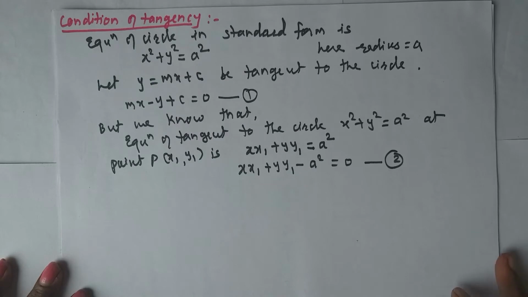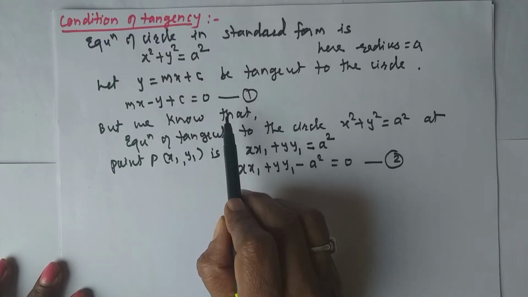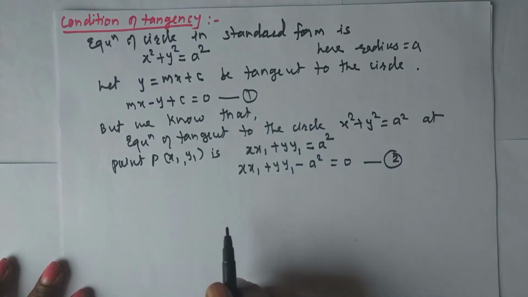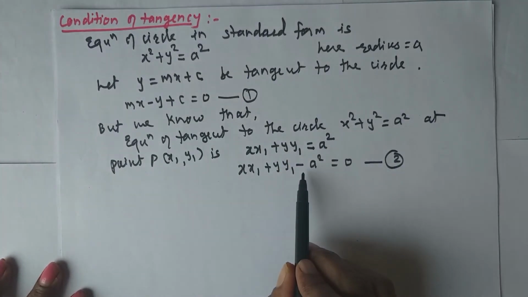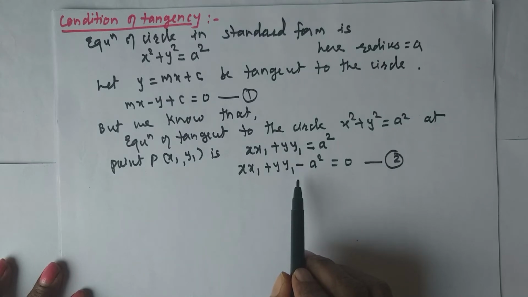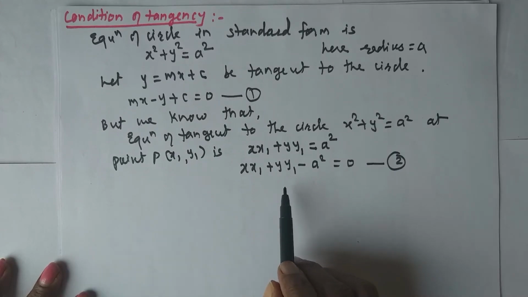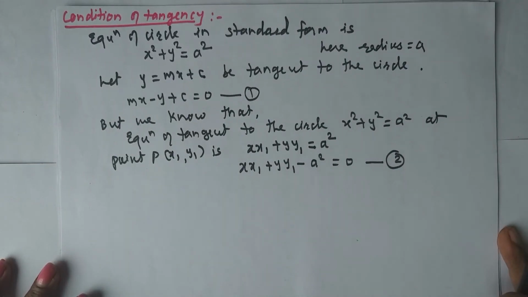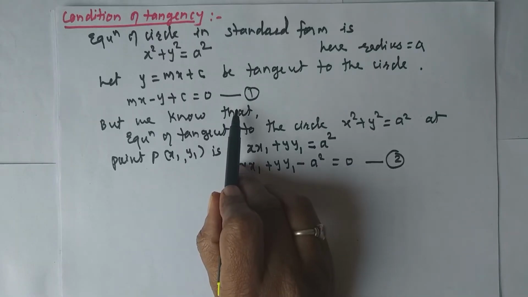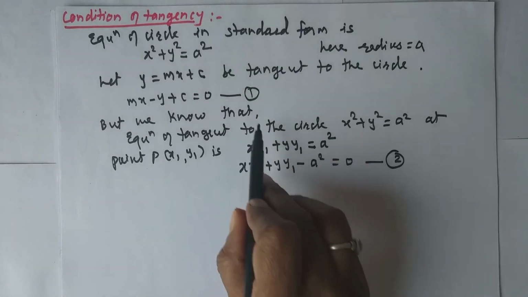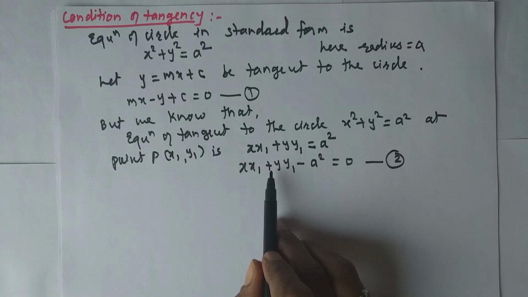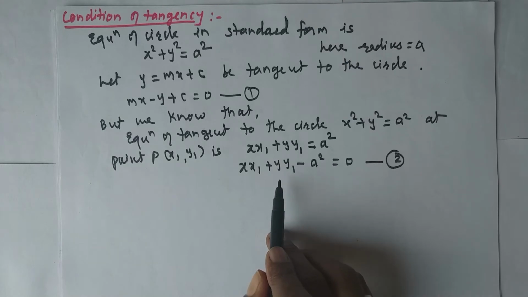Now if the line given by equation 1 is tangent to the standard circle, then equation 1 and equation 2 represent the same line, that is the same tangent, because by the property of circle, from any point on the circle we can draw only one tangent.